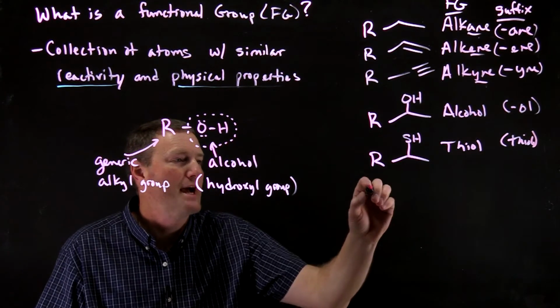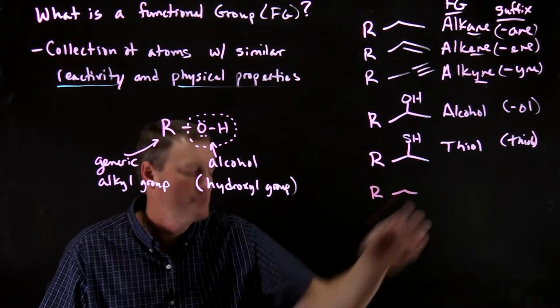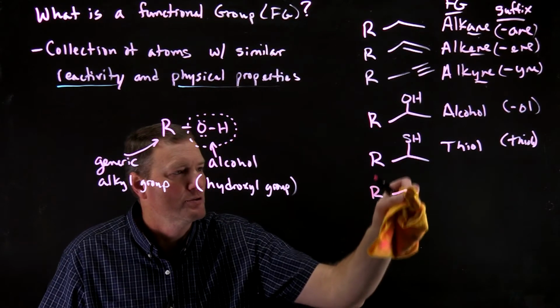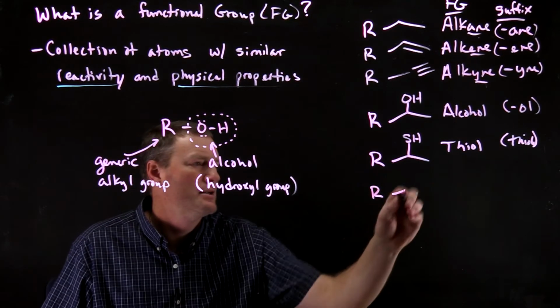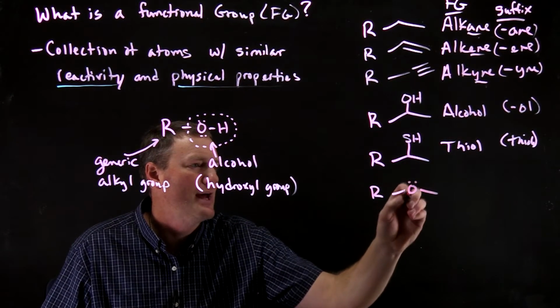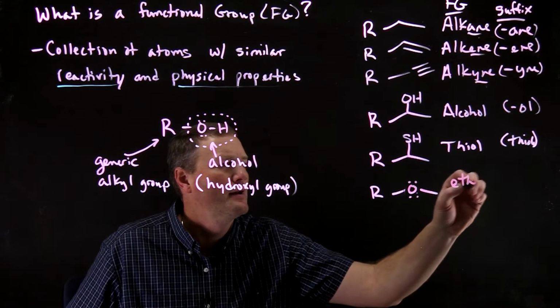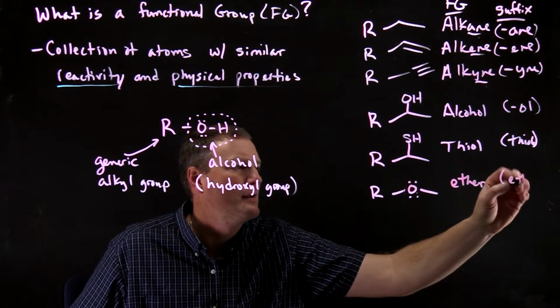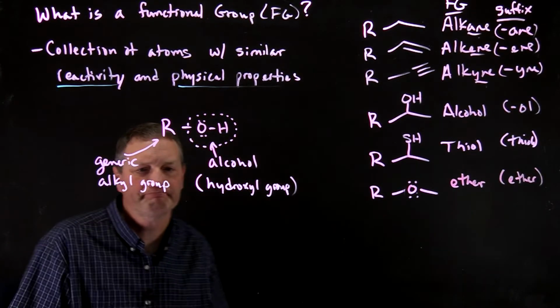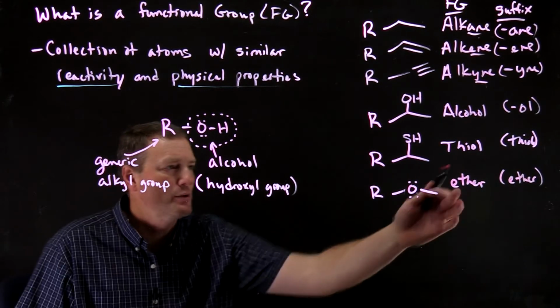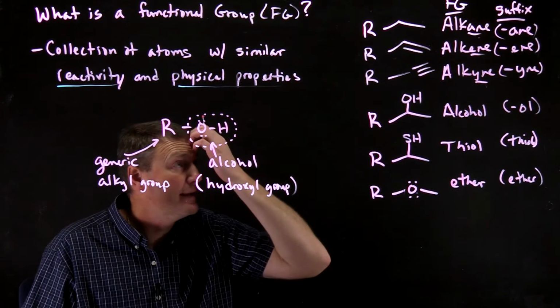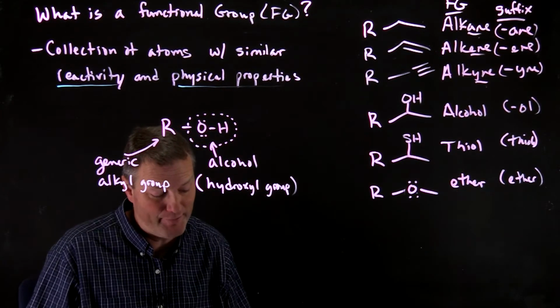Another one that has oxygen is going to just have an oxygen now attached to another carbon-based group. This is called an ether. So ether is actually used in the name for those as well.